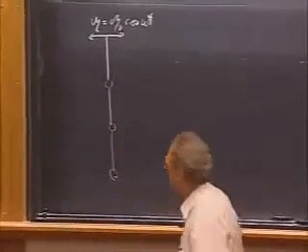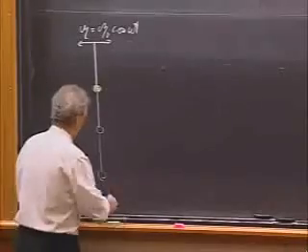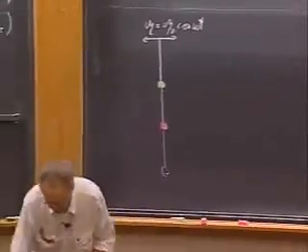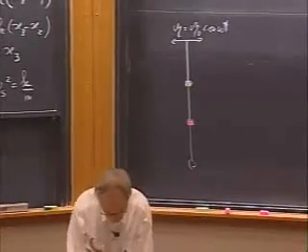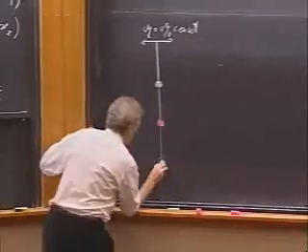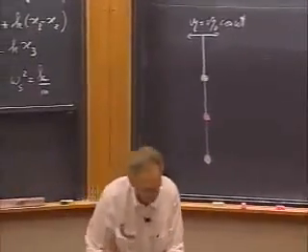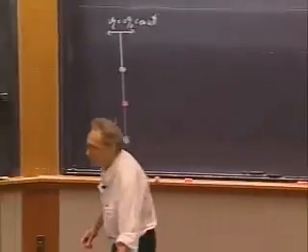The top one is going to be green. The middle one is going to be red. And the bottom one is going to be blue, even though it may look black there. I'll make it blue. That is the color code that we have on our plot, which will be put on the web this afternoon.